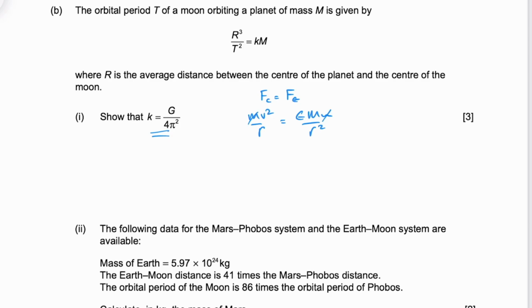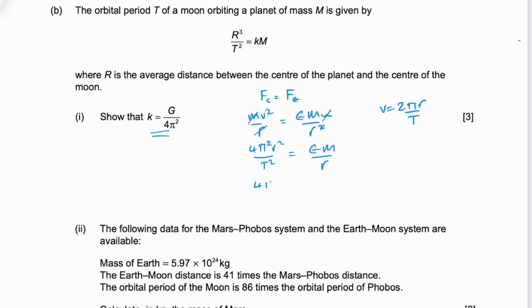Cancel out the m's. v is equal to 2 pi r over T. So we get 4 pi squared r squared over T squared is equal to GM over r. And I previously cancelled out those but didn't do that explicitly.